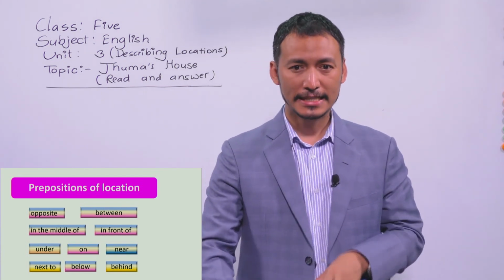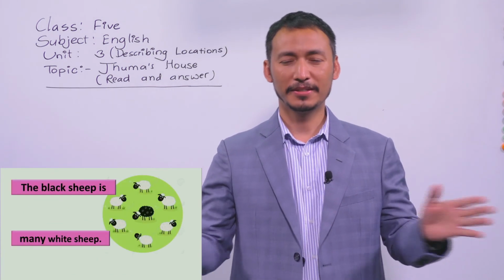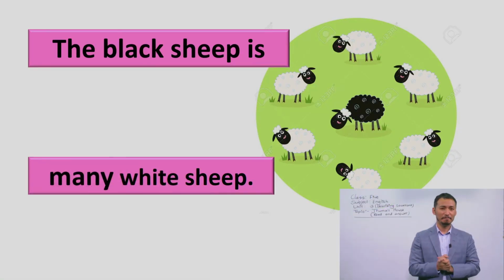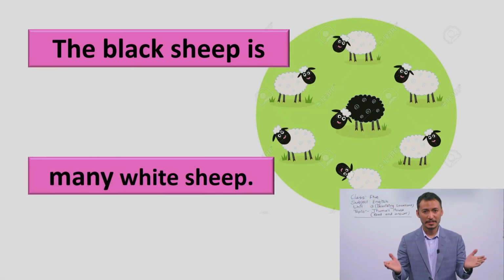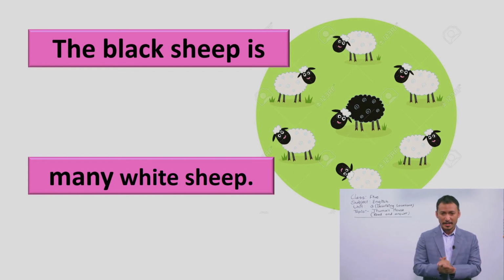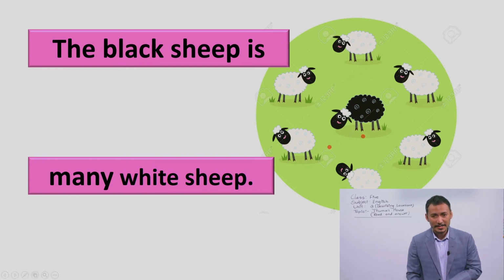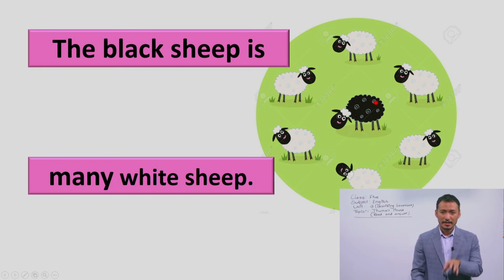All right, let's see a picture. Can you see some animals there? Which animal is this? Okay, sheep, right? You see two different kinds of sheep. One is black, another is white. Then the question I am going to ask you: where is the black sheep located?